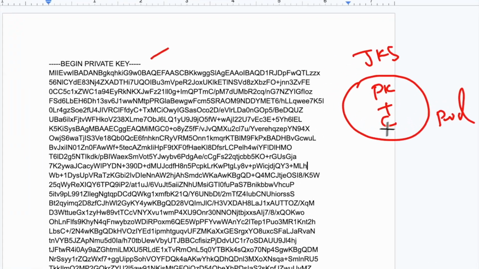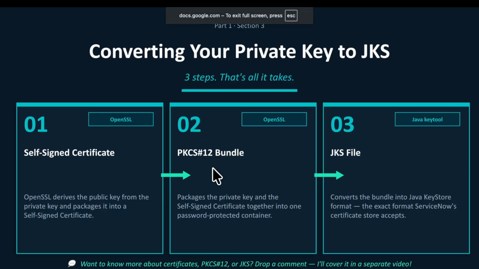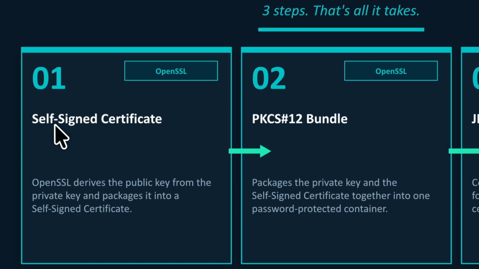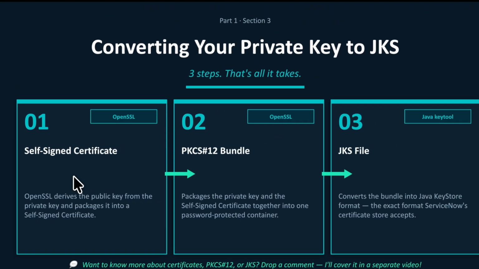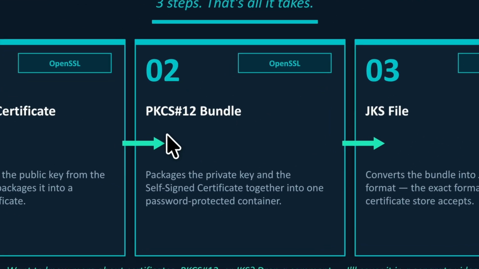So what we are going to do is take this raw private key and go through a 3-step conversion process. Let me show you how that looks. In step 1, we will create a self-signed certificate. We will use OpenSSL to derive the public key from the private key and package it into a self-signed certificate. In step 2, we will create a PKCS bundle file.